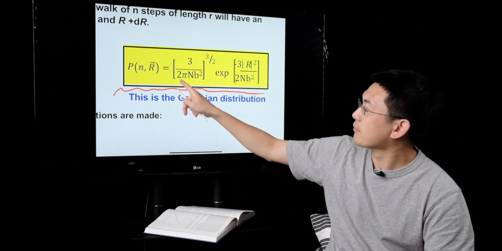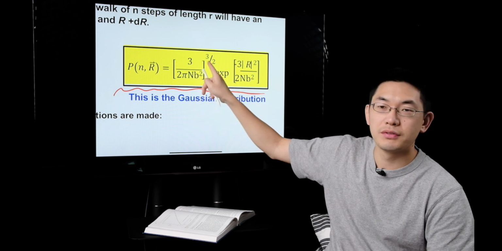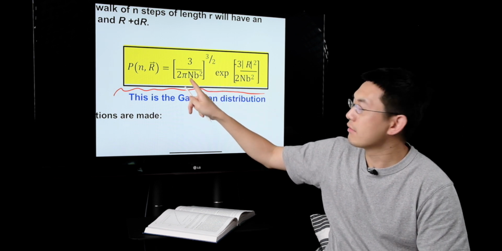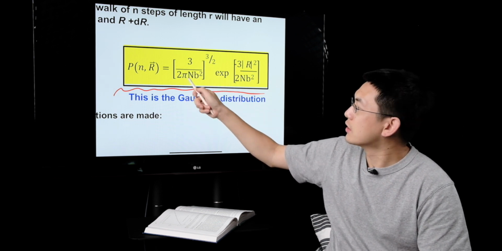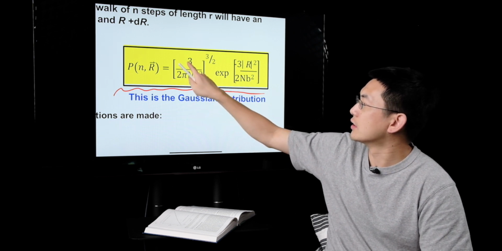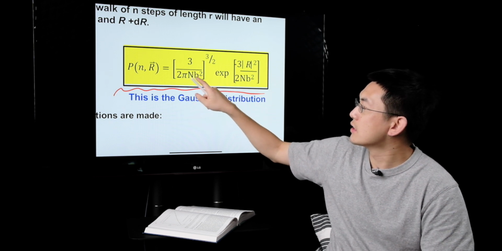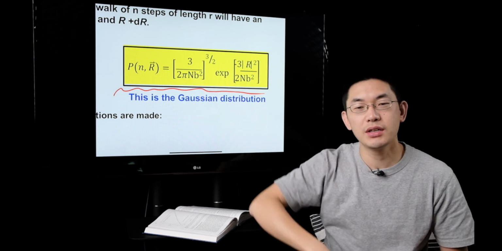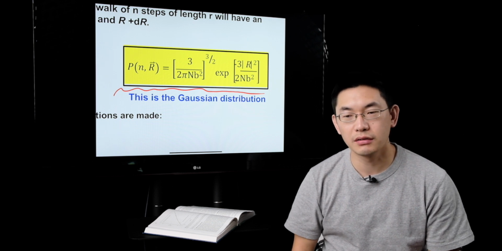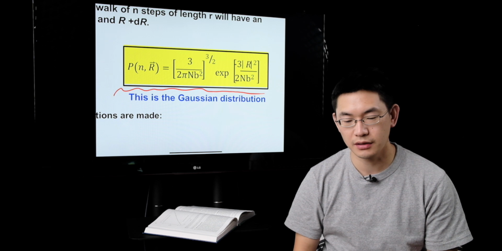It will be 3 divided by 2 pi n b squared, to the power of 3/2. Everybody knows what each individual component means, right? So these are constants, numbers and the constant pi. What changes is n b squared, and n b squared, as we already know, is defined as the end-to-end distance for an ideal chain.